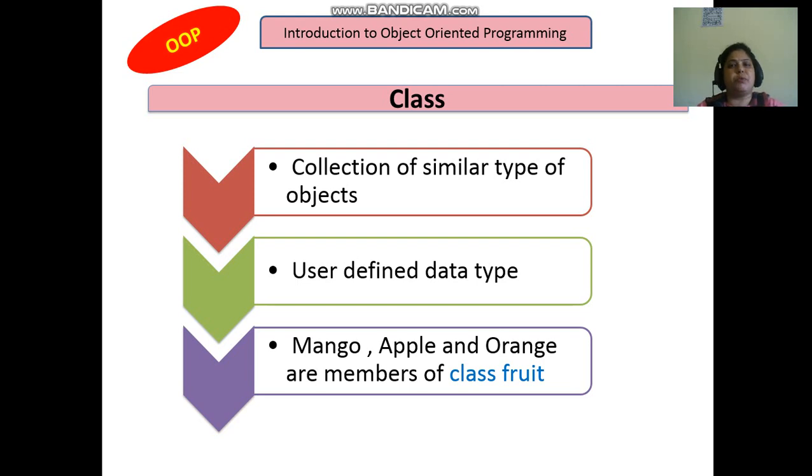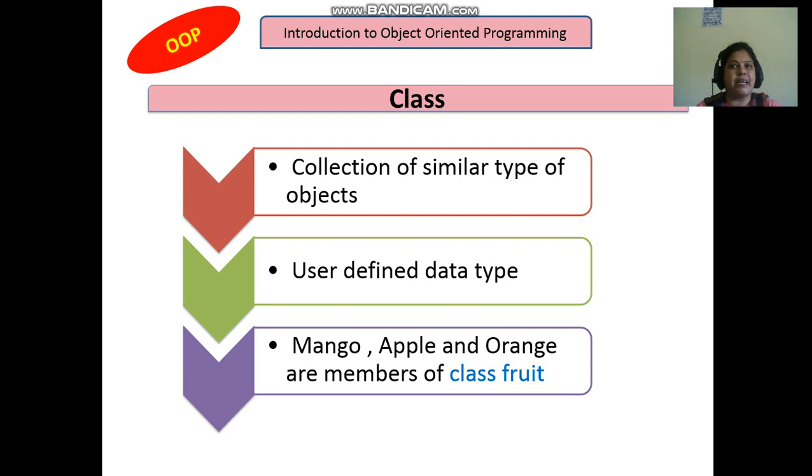Class is also termed to be a user defined data type because object is termed to be data, and an object is known as an instance of a class. Hence class is a data type which designates an object.